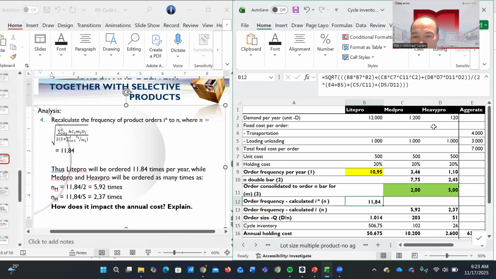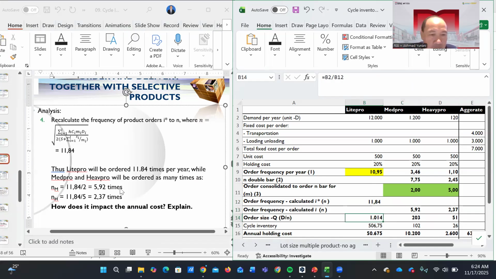We will include the order for Med Pro and HiFi Pro in the order of Light Pro: the sixth order of Light Pro for Med Pro, and the third order of Light Pro for HiFi Pro. Yeah.